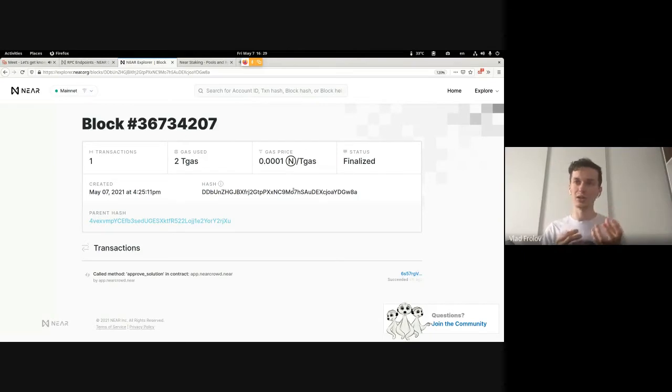A chunk is what in other blockchains is called a block, a collection of transactions into a batch. We can have as many of those chunks as possible.